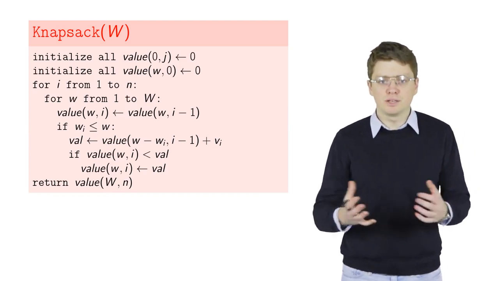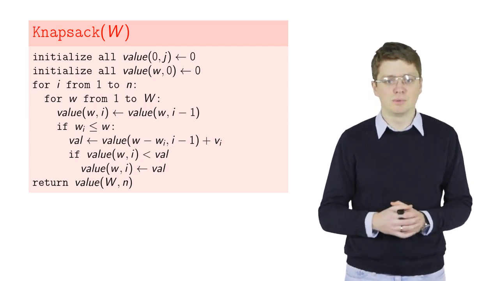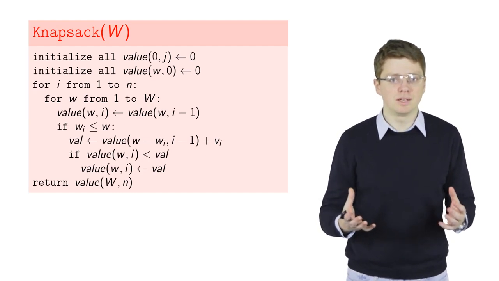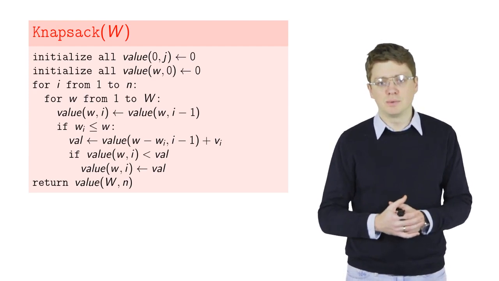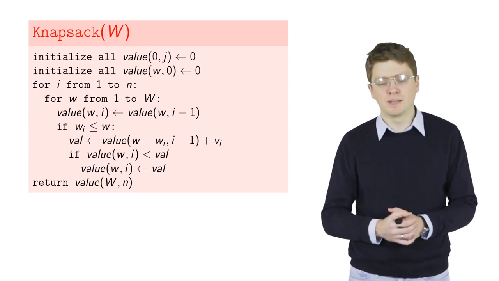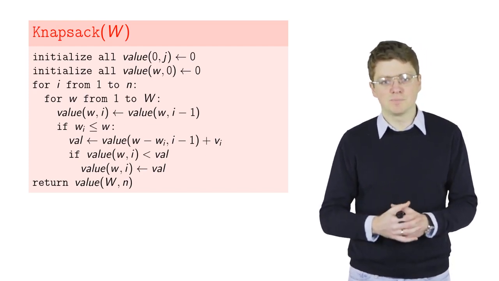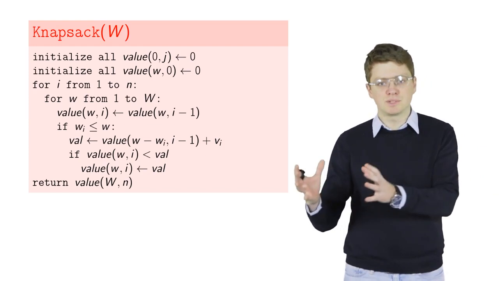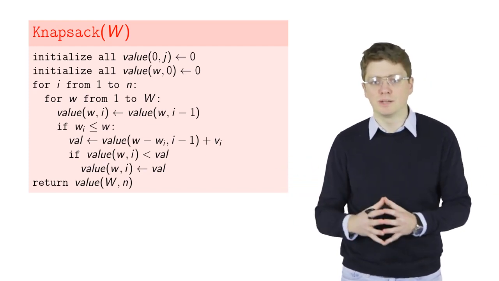Then, recall, now we need to somehow compute all other values of w(i, j). Recall that we expressed the value w(i, j) through values of smaller w and i minus 1. This means that we always reduce the problem to something with a smaller number of items, i minus 1.